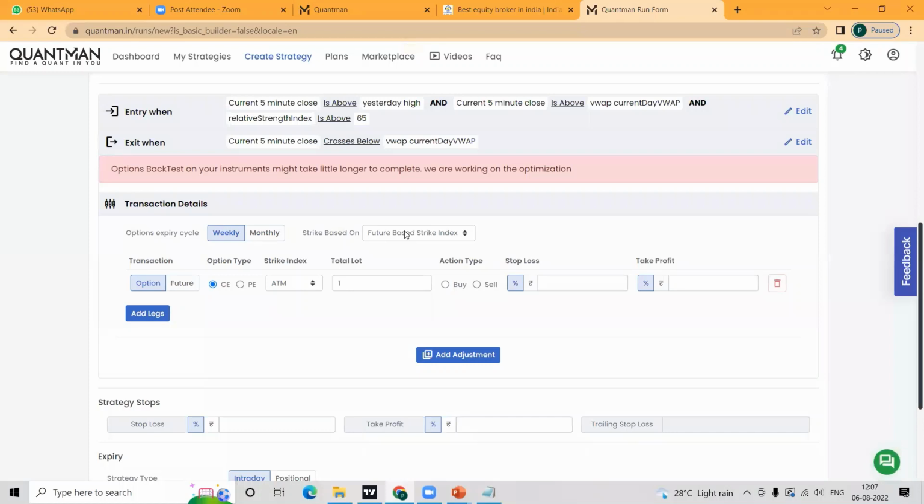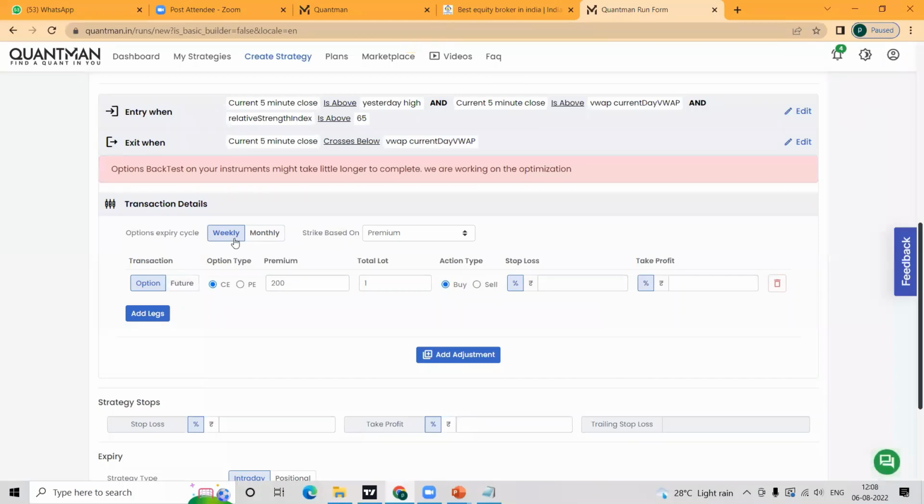Instead of futures based strike, I am going to put a premium of 200 rupees. Why do I choose 200 rupees? Nifty lot size is 50, so a 200 rupees premium comes to around 10,000. If you have 10,000 in your account, you can do the trade. Buy. I don't put any stop losses.